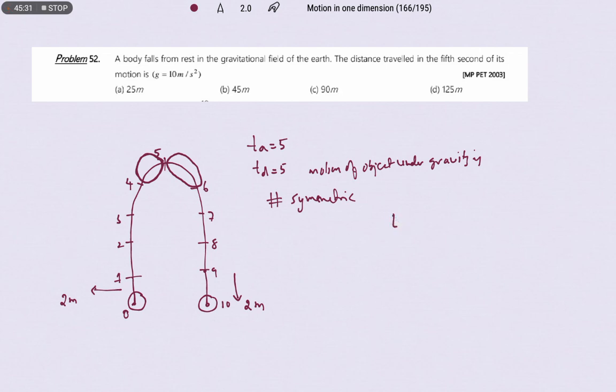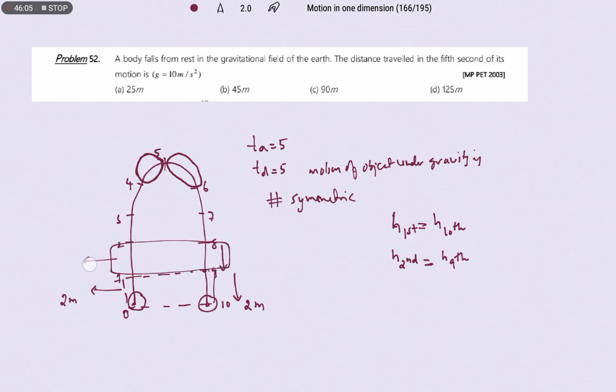So distance travelled in the first second is equal to the distance travelled in the 10th second. So 0 to 1 is nothing but the 1st second, 9 to 10 is nothing but the 10th second. In the same way, distance travelled in the 2nd second is equal to the distance travelled in the 9th second.